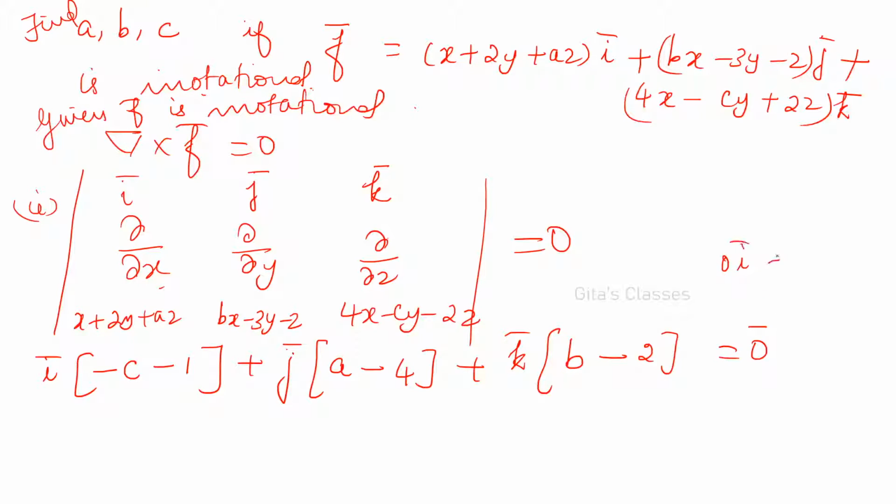That means 0i plus 0j plus 0k. So you can equate separately. So minus c minus 1 is equal to 0, so c will be minus 1 and a is equal to 4 and b is equal to 2. These are the values: a is equal to 4, b is equal to 2, c is equal to minus 1.